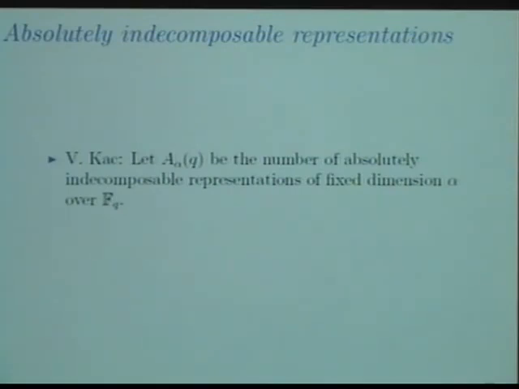So he proved that if you count the number of absolutely indecomposable representations of a given quiver, that's given by a polynomial, now called the A polynomial of the quiver. You fix the dimension vector and you count, and then you get a polynomial A_alpha(q). He proved that this quantity counting absolutely indecomposable representations is a polynomial.